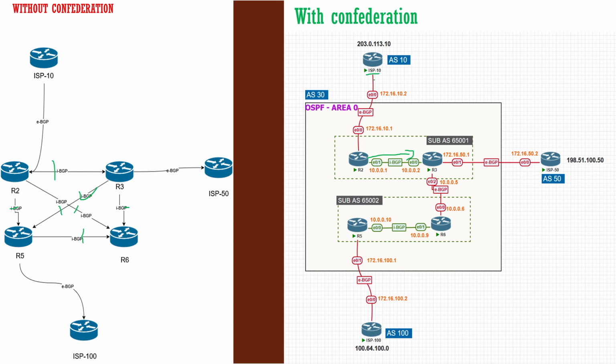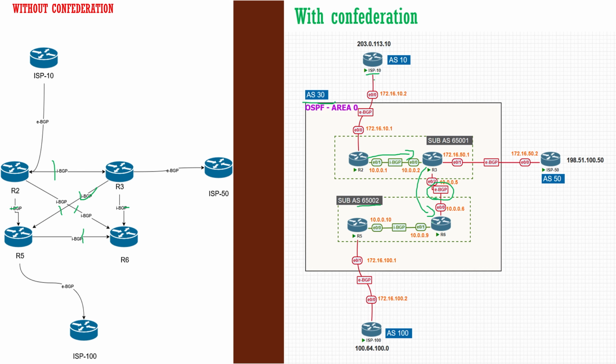And router 3 will now have an eBGP peering, even though they are both in AS30. To R3 it's a different AS, even though all the routers are under AS30, so R3 will not stop the routing advertisement. It will send the route to R6 because we have an eBGP peering here. And same thing here.